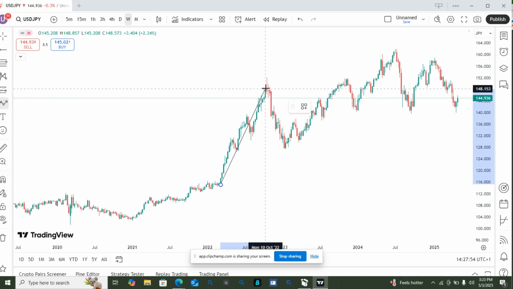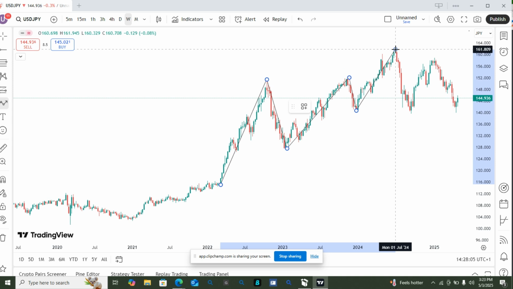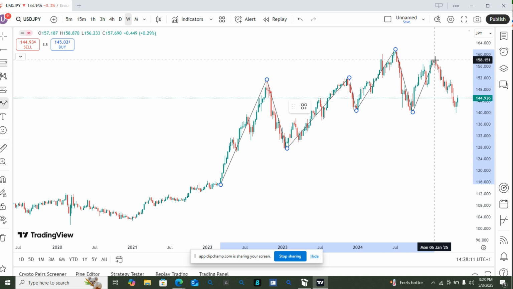We have a higher high, a higher low, equal higher high, another higher high, a higher low, and it tries to push up for another high. We barely created an equal higher high. Now we have turned back to create a higher low. After creating this higher low, what do you expect? You expect price to start pushing up. So on the weekly, we are bullish.